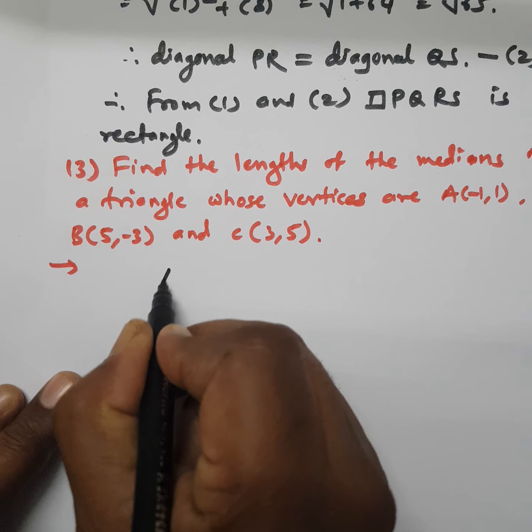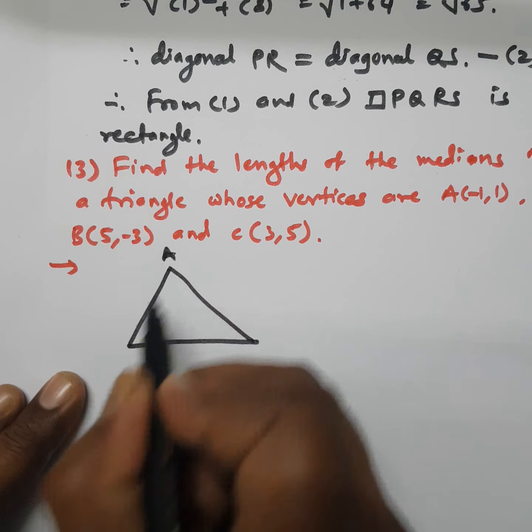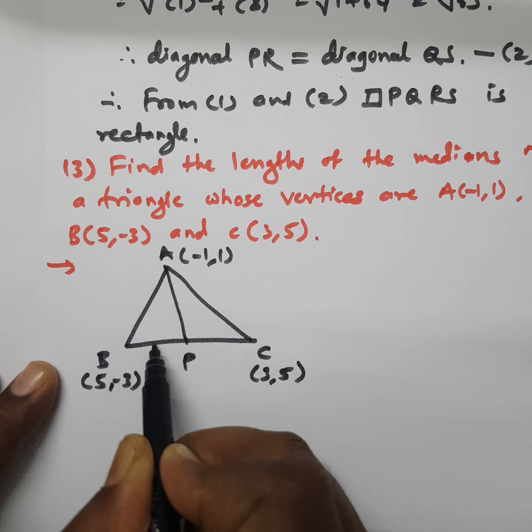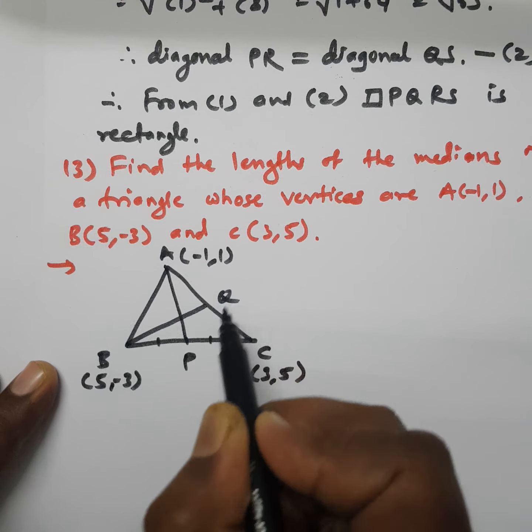Here, suppose any triangle ABC with coordinates (-1, 1), (5, -3) and (3, 5), we have to find the lengths of the medians of the triangle. Suppose the first median is AP, the second BQ, and the third median CR.